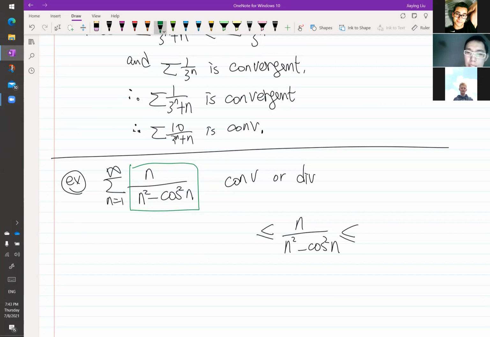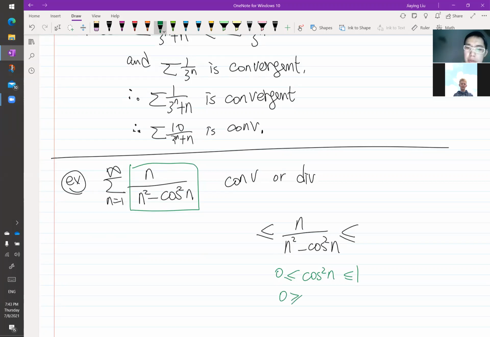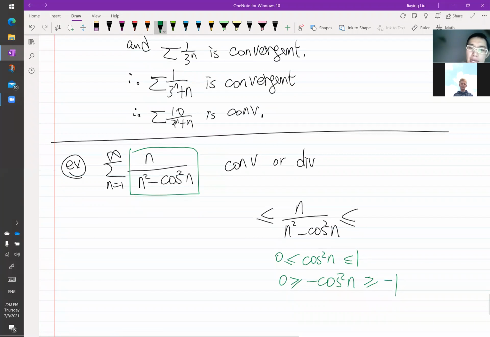So what I know is that cosine square n is going to be between 0 and 1. If I add a negative sign, I'm sort of flipping it. So if I add a negative sign to all of them, I get 0 greater or equal to negative cosine square n greater or equal to negative 1. And if I add n squared to each one of them, nothing changes.